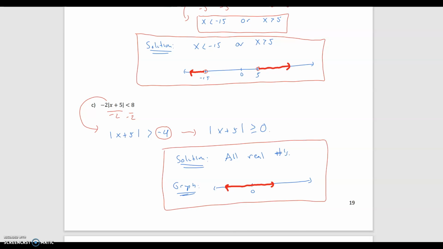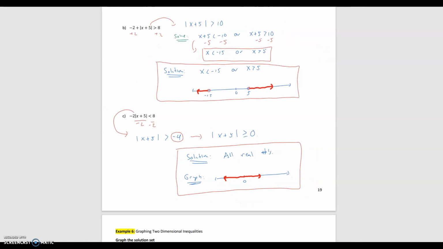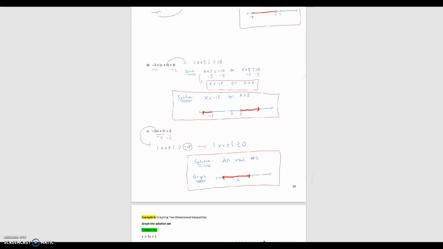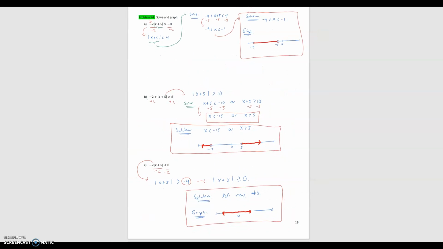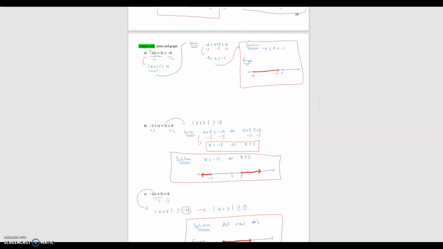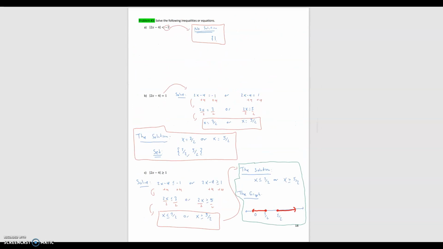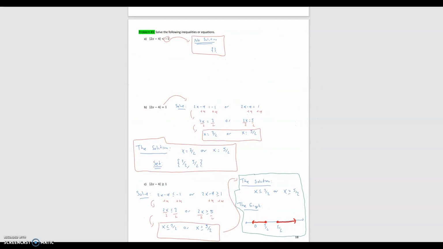So this particular one, because we end up with a statement that happens to be greater than a negative value, it's all real numbers. Not to be confused with the previous problem that we did earlier. In the previous problem, we had an unknown less than a negative. That's no solution.